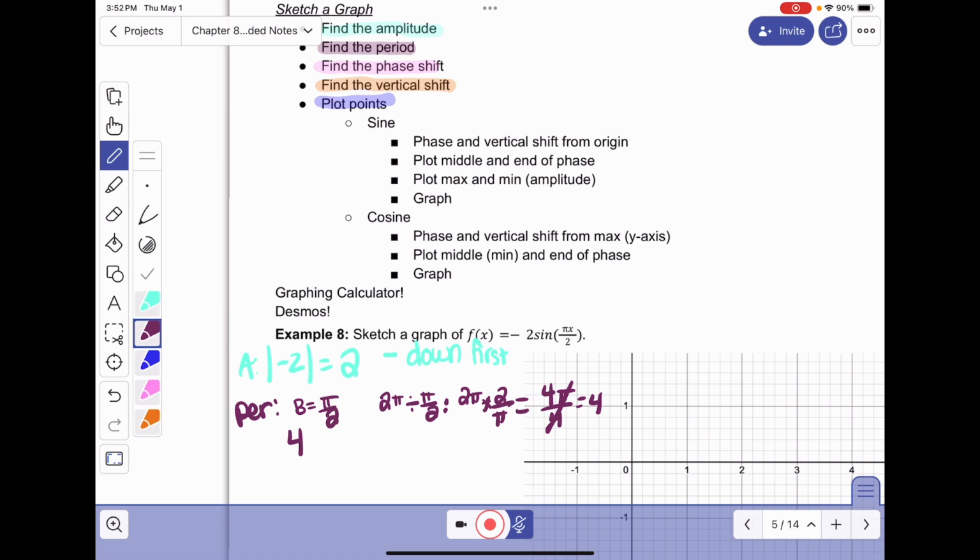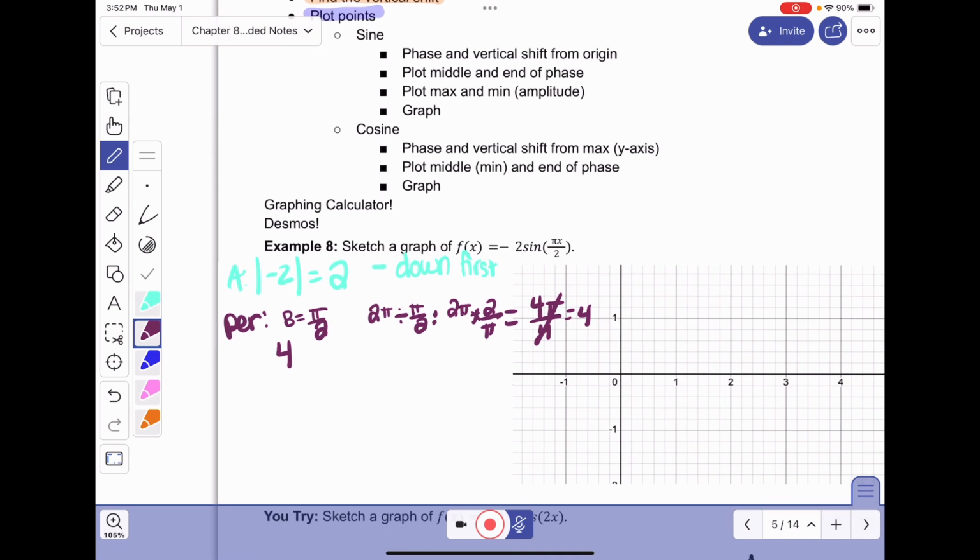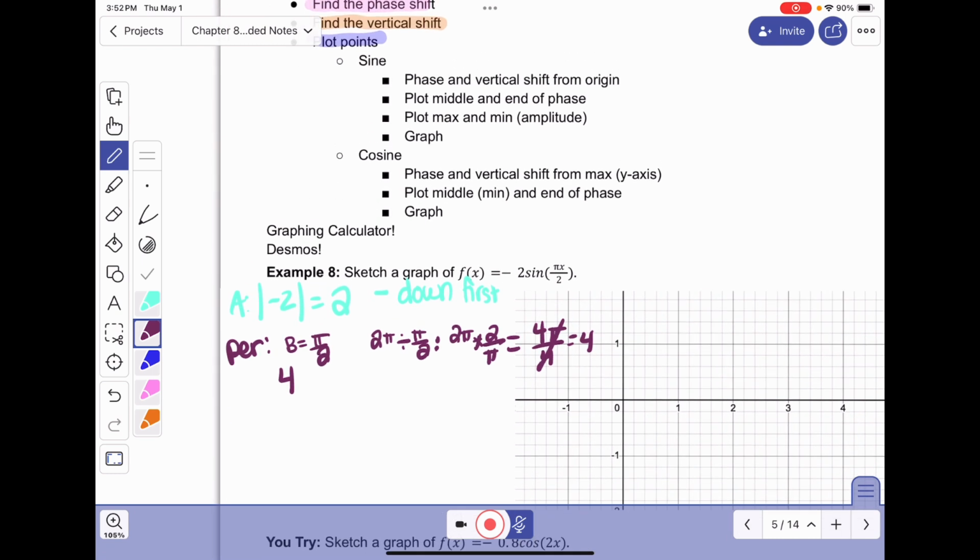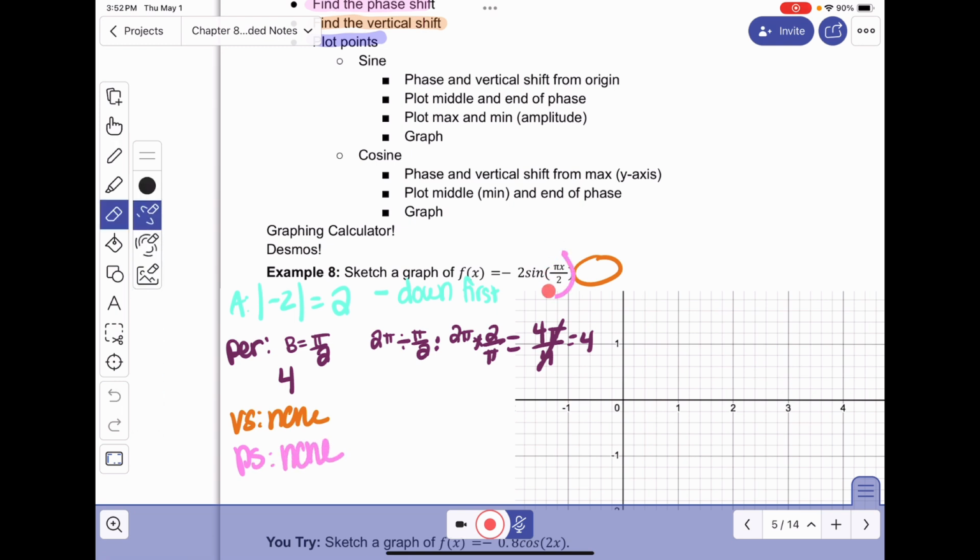So my period is 4. Vertical shift, there's nothing over here, so there's no vertical shift. And phase shift, there's nothing added or subtracted, so there's no phase shift.